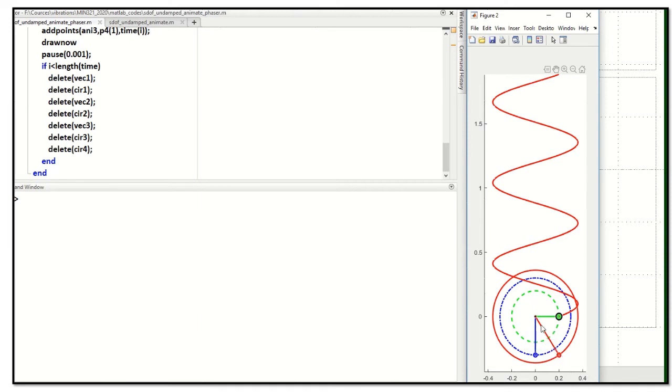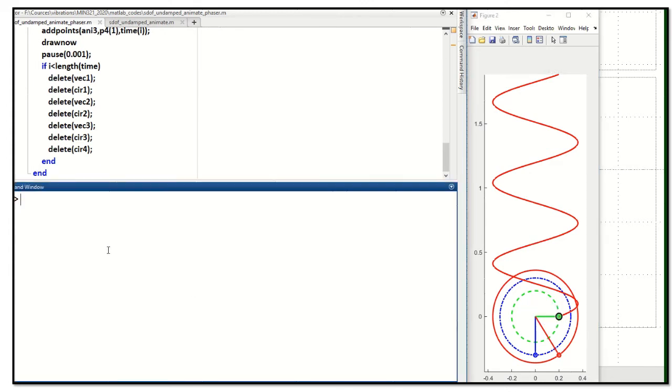You can obtain this position vector by summation of this green vector and blue vector. What is the green vector? The green vector, which is directed along the x-axis, has length equal to x0, which is 0.2 units. This is the length of this green vector, which you will be able to observe.